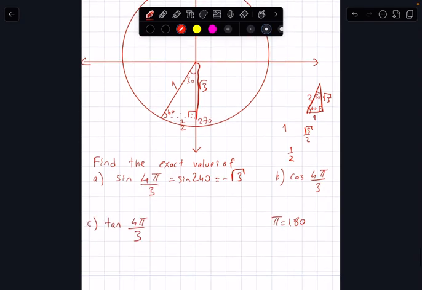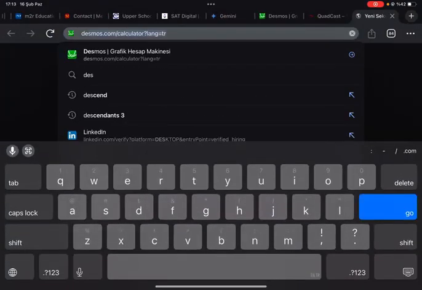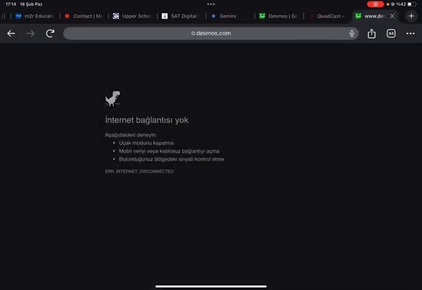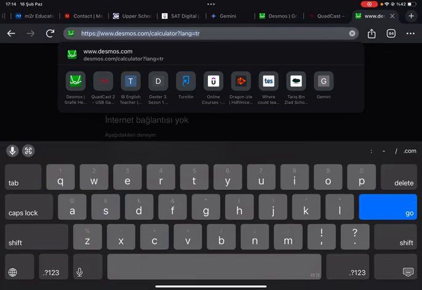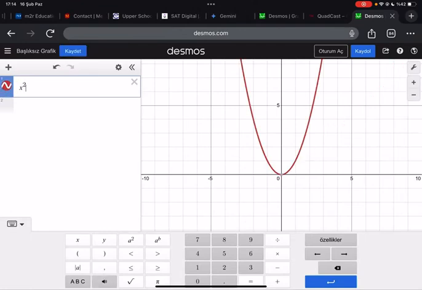Okay, how about this one? Actually, you can also use Desmos in here. Oh, I don't have internet. Let's turn on the internet. Okay. So let me just show you. Before we begin, x squared plus y squared is equal to 1. See, we have a circle in here.